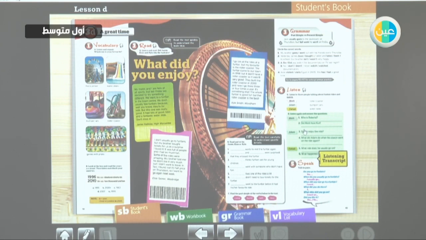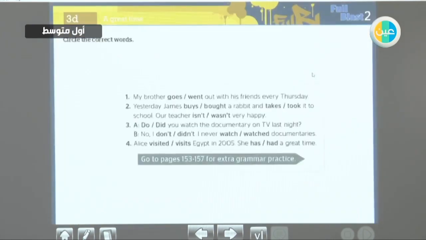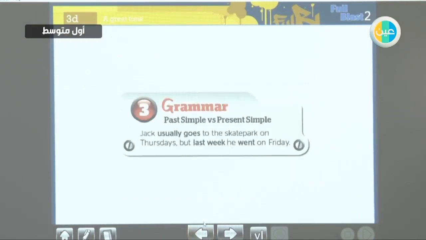Nice, let's go. So open your books to page 43. Past simple versus present simple.